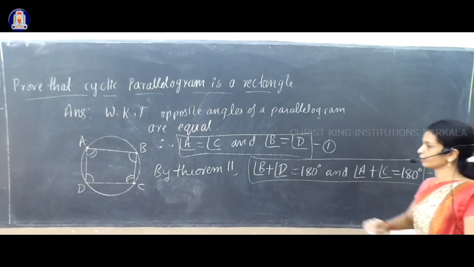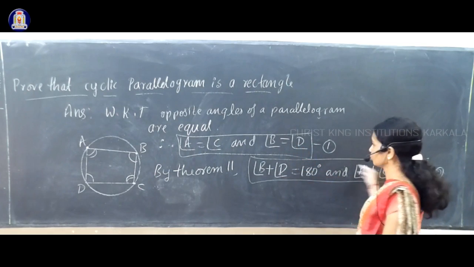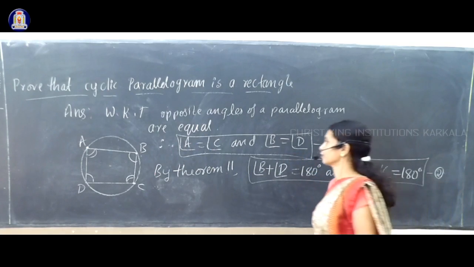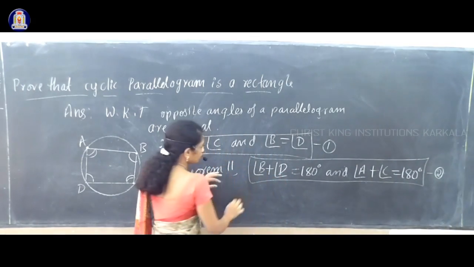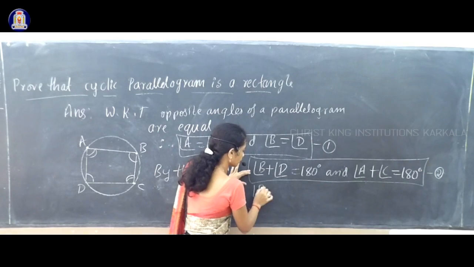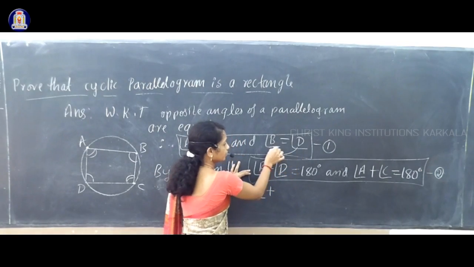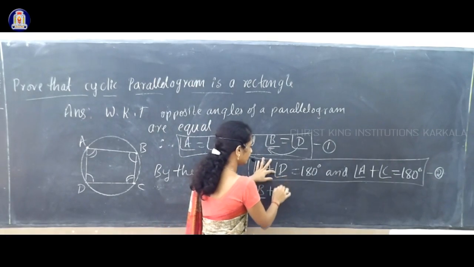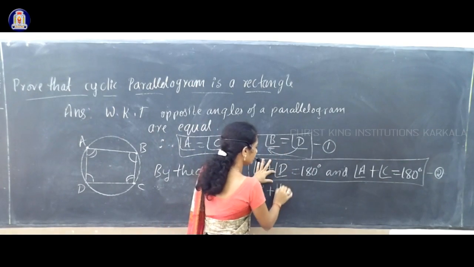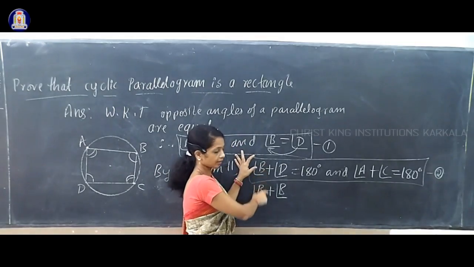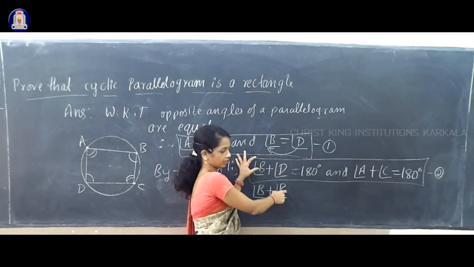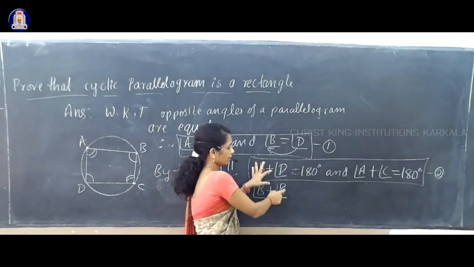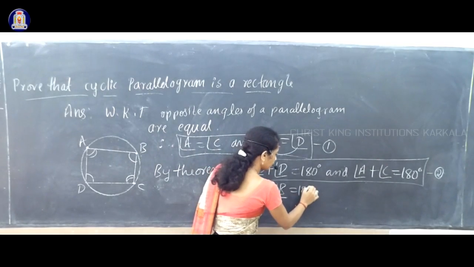Okay, and now in equation 2 we use equation 1, and I'll keep angle B as it is, and angle D is replaced by angle B. So what that gives: in angle D's place I'll use angle B. This angle B I kept as it is, and angle D is replaced by angle B, that is equal to 180 degrees.